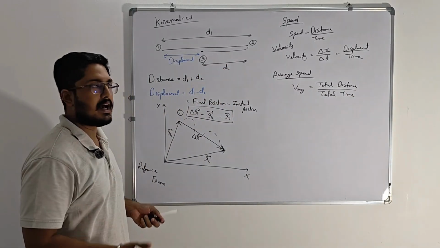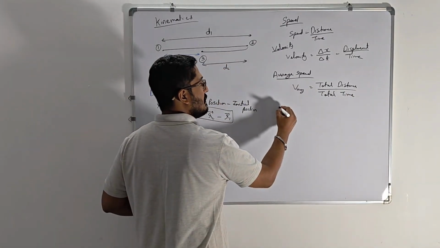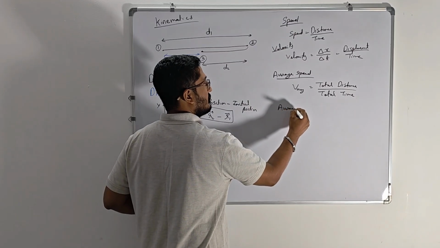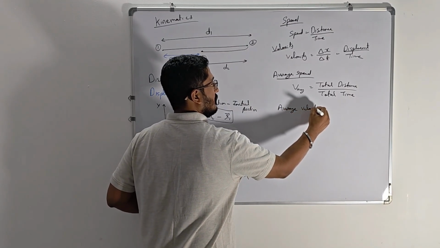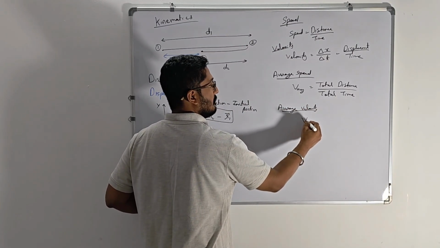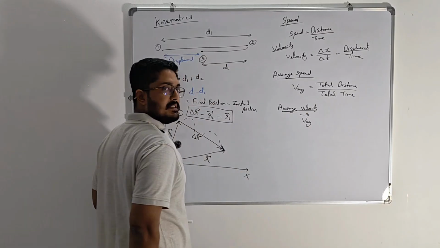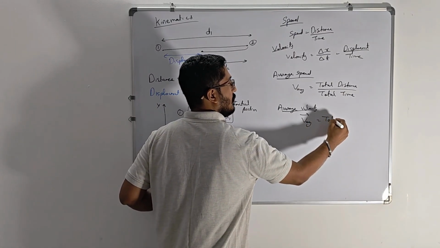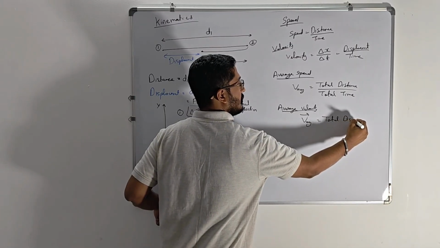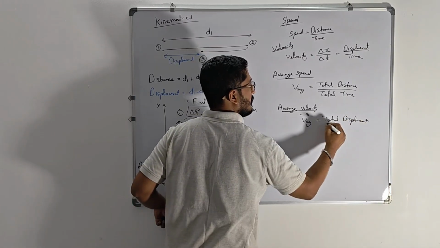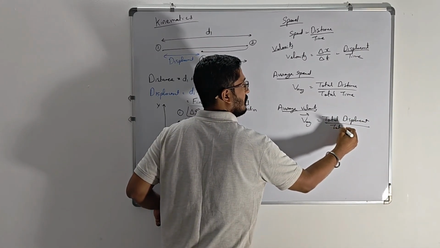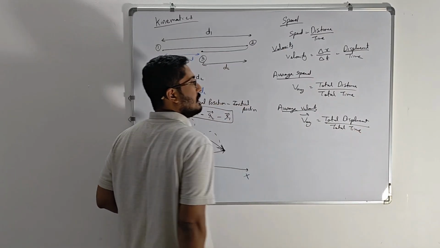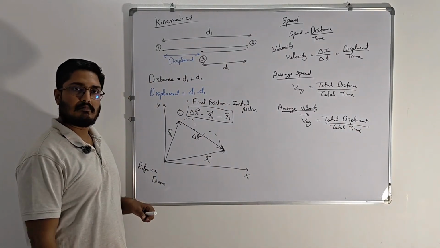Okay, that's it, as simple as that. And what about average velocity? Same fashion, but this time we'll show it with a vector sign. That means it's velocity I'm talking about. So average velocity is nothing but total displacement divided by total time. So that is my average velocity.